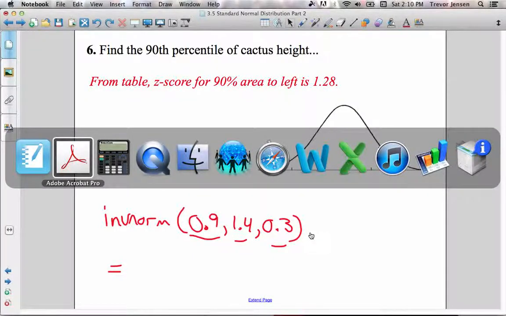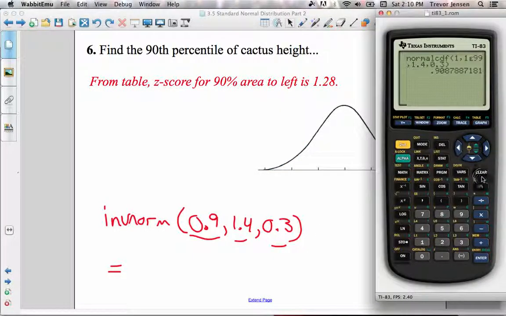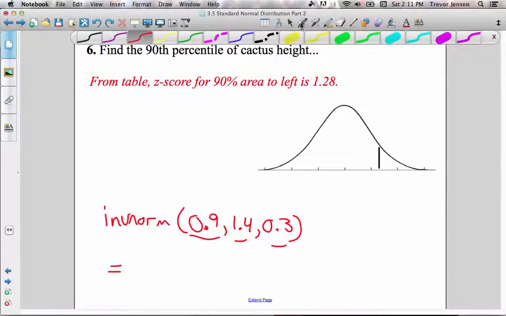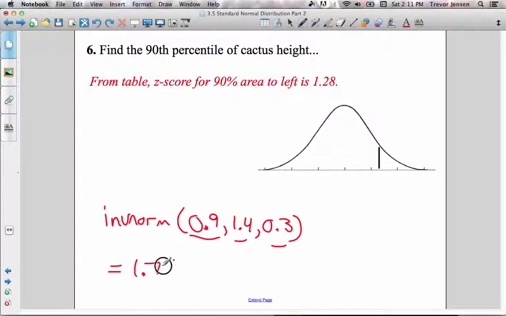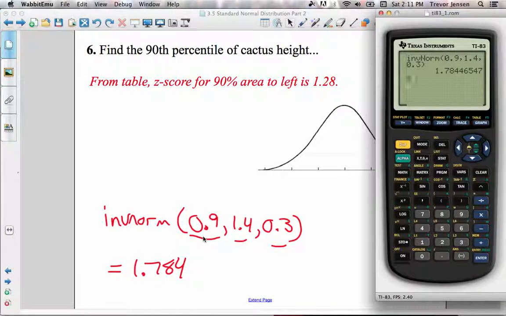So let's go ahead and do that. I'll bring up the calculator, and we'll go to second vars to bring up distributions, go down to inverse normal, type in the percentile, so 0.9, type in the mean, 1.4, and then the standard deviation, 0.3. Hit enter, and it tells you the same value that we found using our z-score table, 1.784.